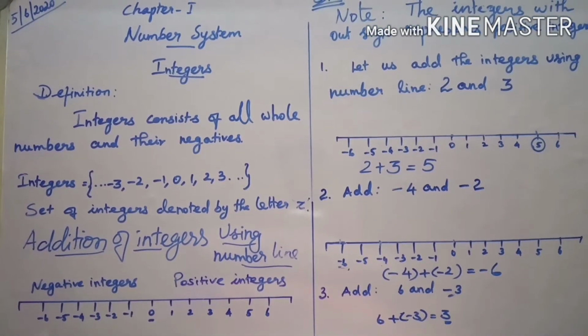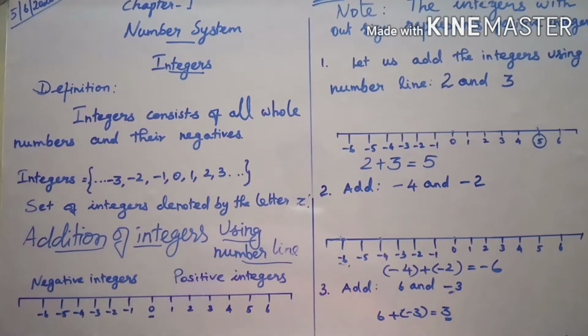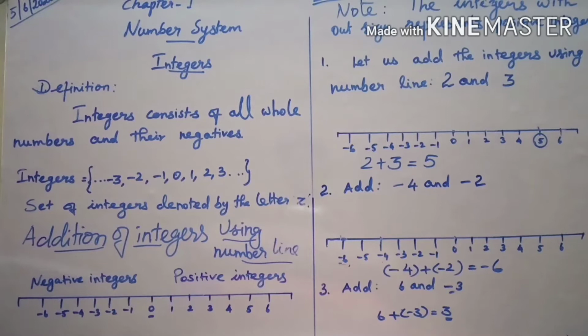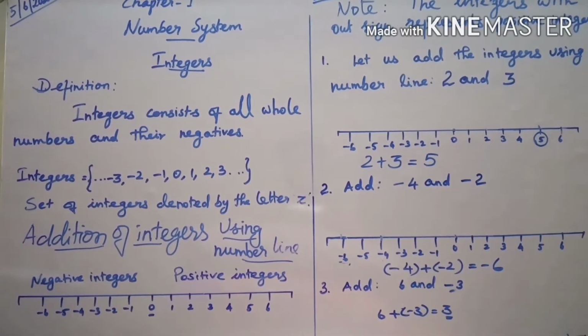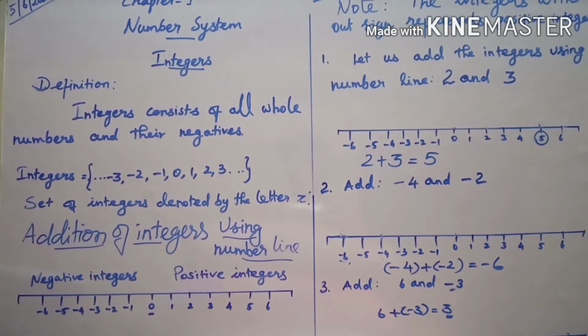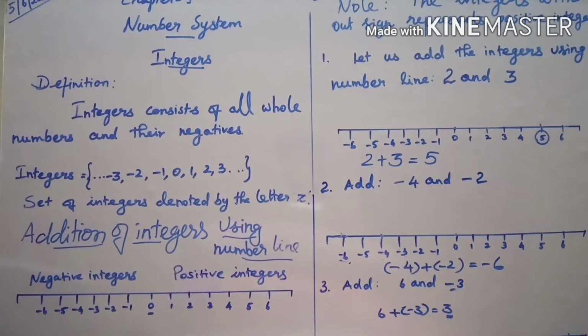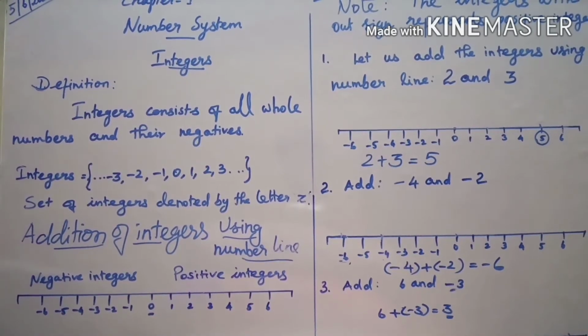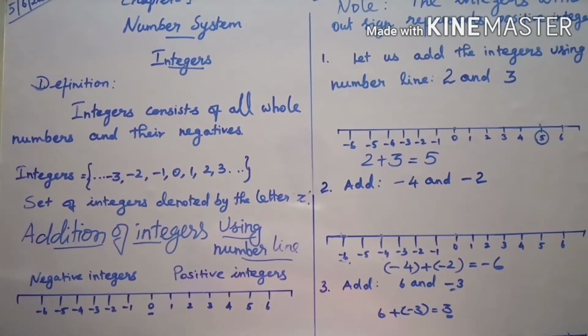In number system we have integers alone. In integers, addition and subtraction of integers, multiplication and division of integers. Understand the properties of 4 fundamental operations applied to integers. To solve applied problems using the 4 fundamental operations on integers.